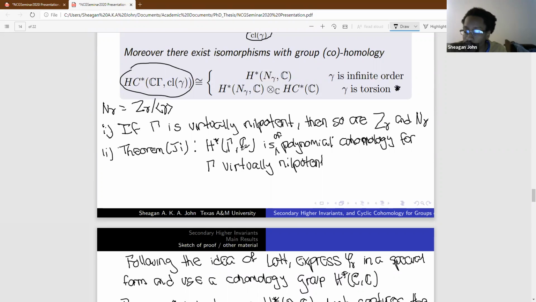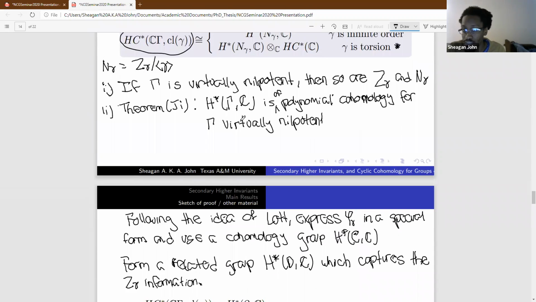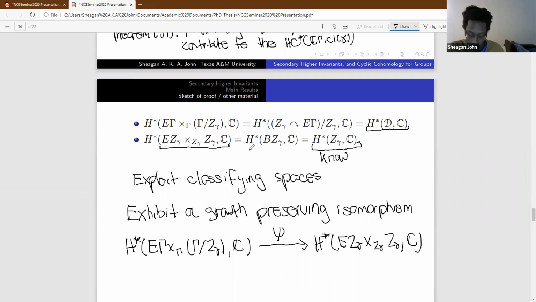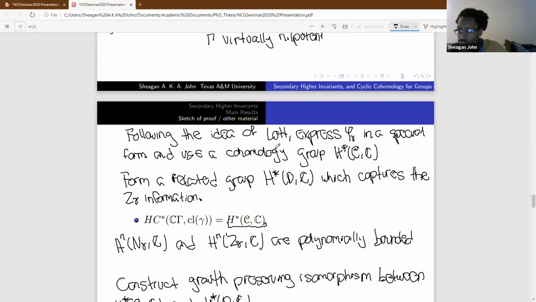So in some way, we needed to take into account the entirety of gamma's growth condition and not just each element in gamma. This result, where we look at the total space E gamma, doesn't really have any analog if we only consider individual conjugacy classes of polynomial growth. Okay, thank you.